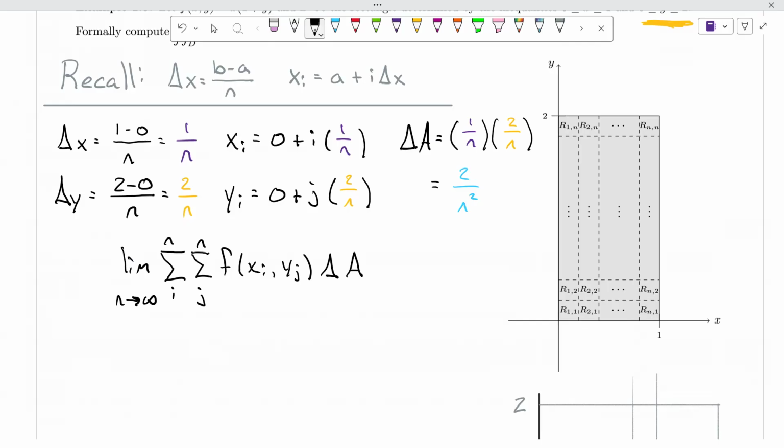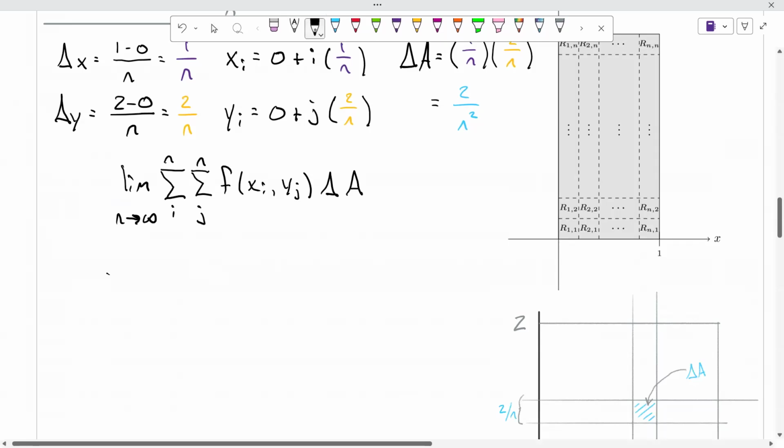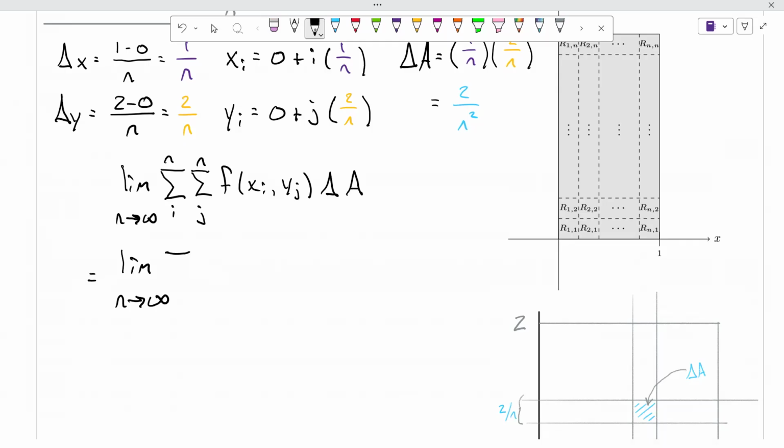And we can write expressions out for all of that stuff. So let's just go do that. This is the limit as n goes to infinity of a double sum. One from i to n, one from j to n. And we're looking at what? x times 1 plus y, right? Which really means it's xi times 1 plus yj. xi was i over n.